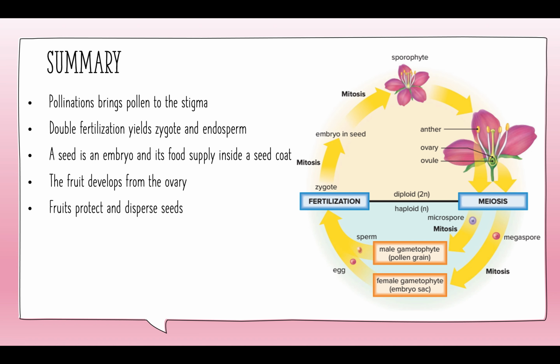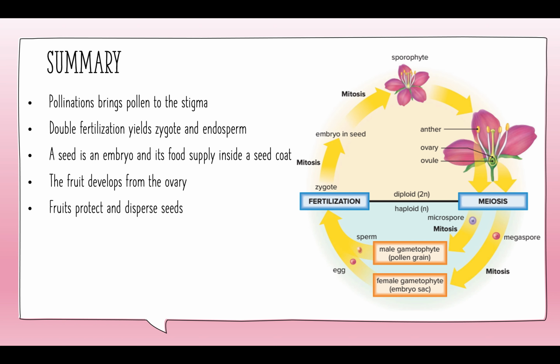Two sperm are needed for double fertilization, a process in which one sperm fertilizes the egg, forming a zygote to eventually become an embryo, while the other sperm combines with the central cell having two nuclei to give rise to the food-storing endosperm. A seed is an embryo and its food supply inside a seed coat. The embryo is the young plant, the endosperm is the food supply, and the seed coat acts for protection.